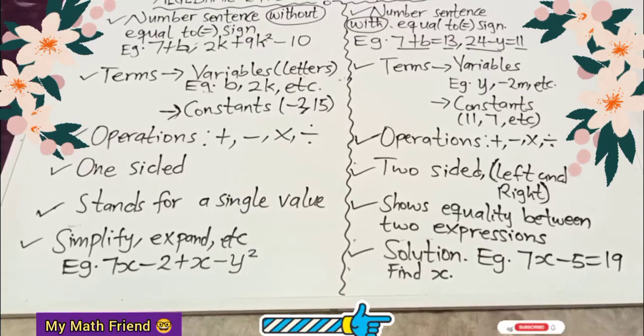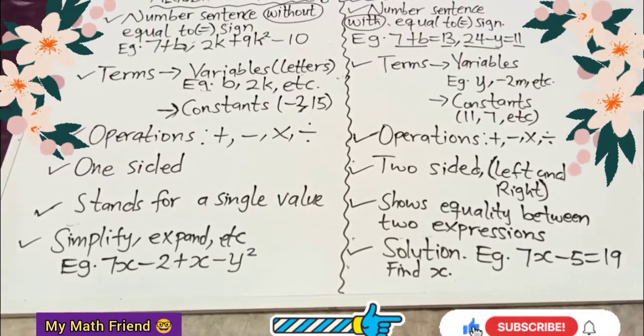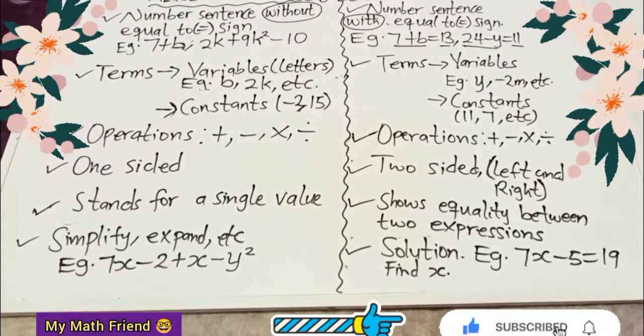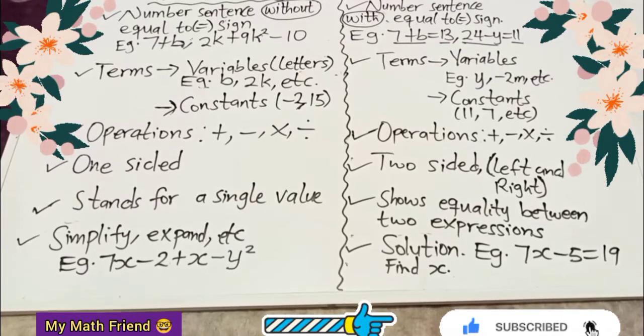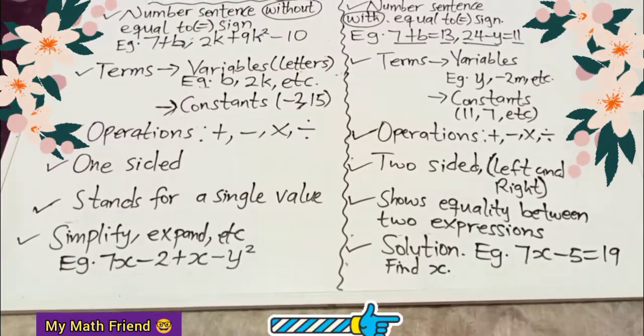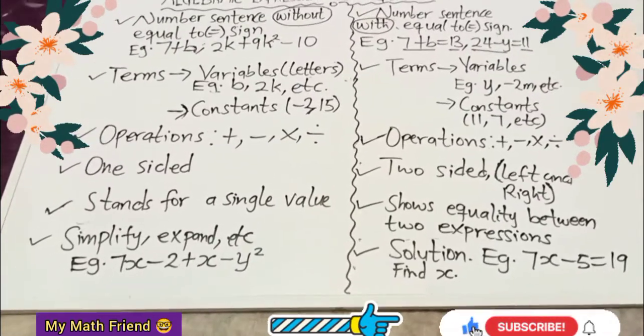The second point we should know is sort of a similarity. Both algebraic expressions and equations have terms. What are the terms? We have variables, or what we call letters.